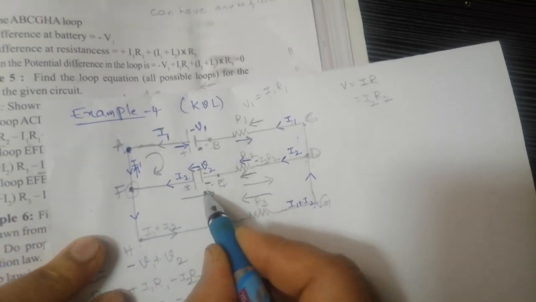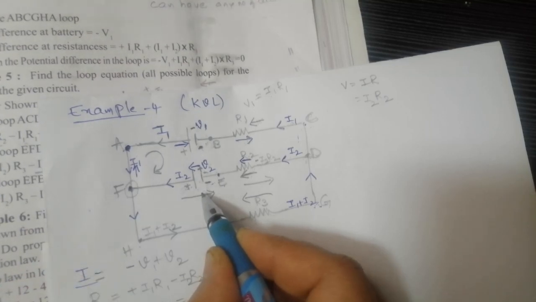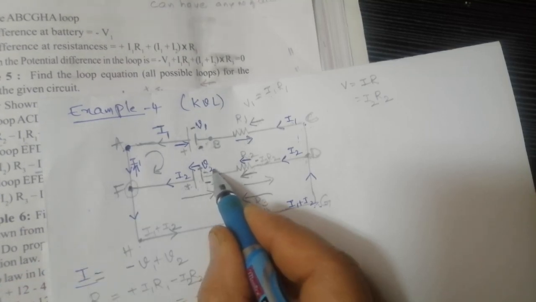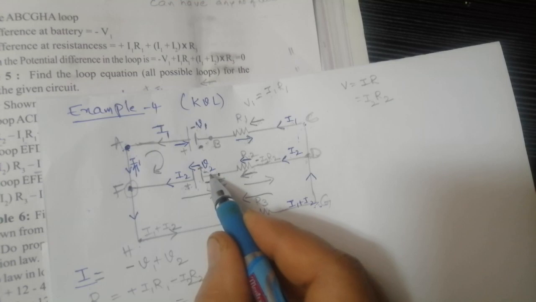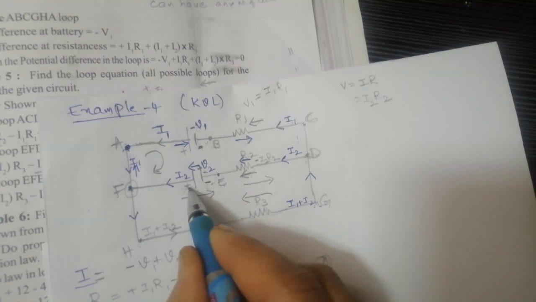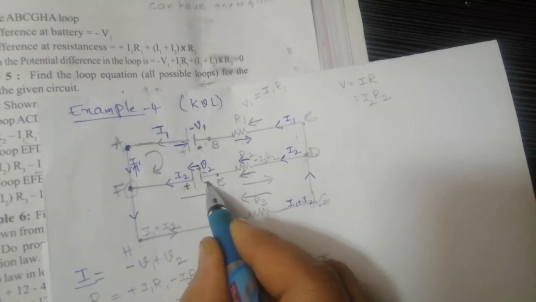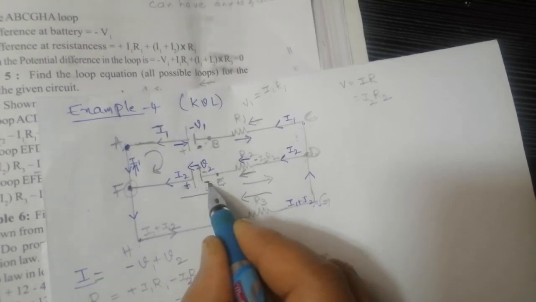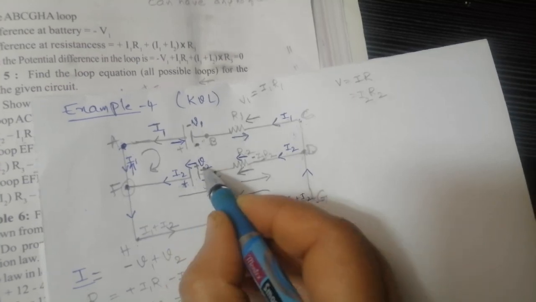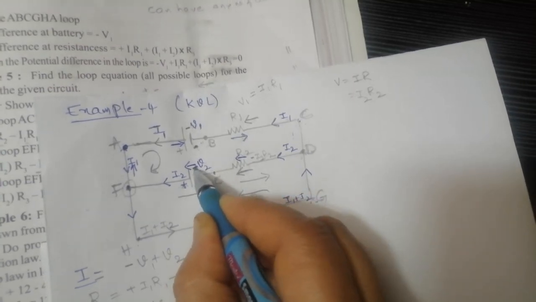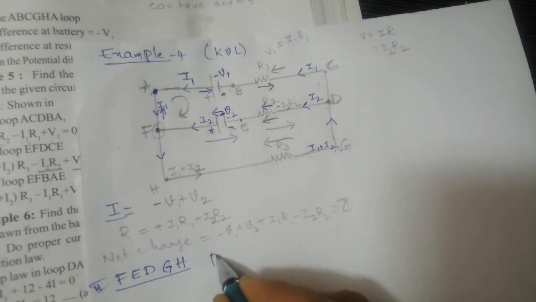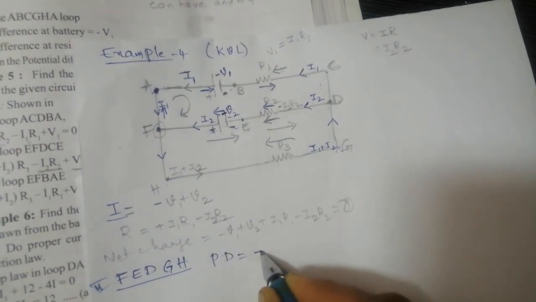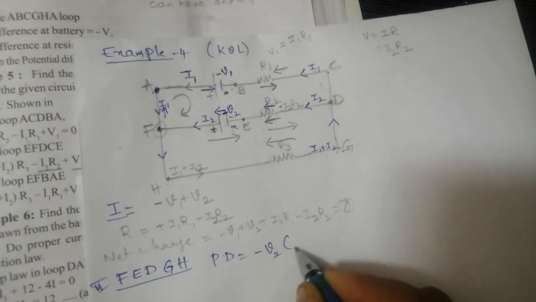Here we consider V2, which is given. So the current is decreasing, from higher potential to lower potential, which means it will become minus. So the potential difference is minus V2 across the cell.